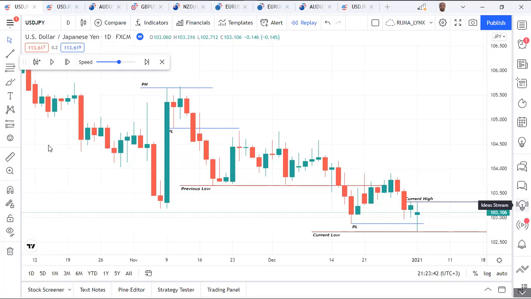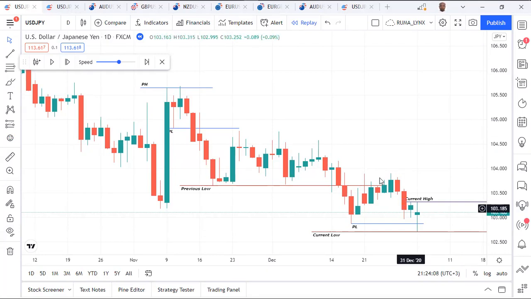Sometimes to know exactly where your impulse has started, you need to hover the mouse so that you see where it starts and where it ends. So in this particular case, this one formed the new low. This low is at 102.99. I look at these figures up here: 102.995, and this one is 102.961.